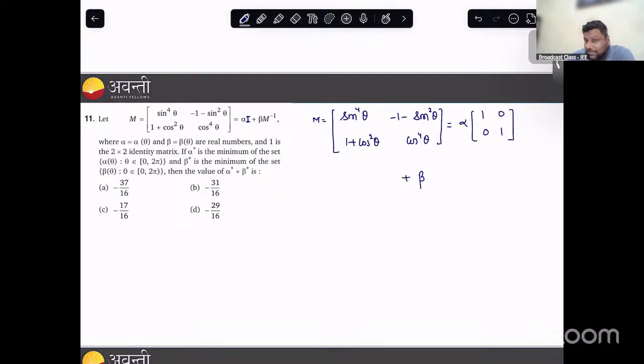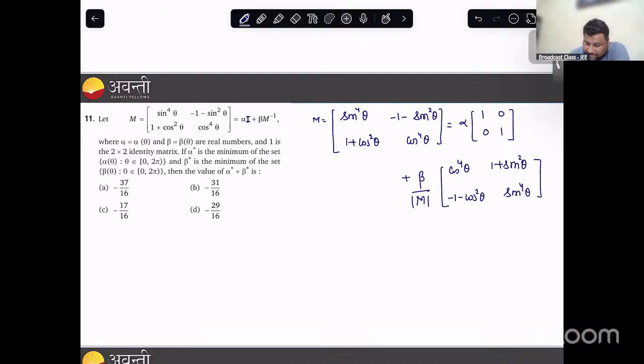Now M inverse is adjoint of M upon determinant of M. So I write determinant of M into adjoint, what is it? I told you, swap the diagonal entries. So cos to the power 4 theta, sin to the power 4 theta, and change the sign of the off-diagonal entries: 1 plus sin square theta, minus 1 minus cos square theta. Got it? Now give it a comparison.